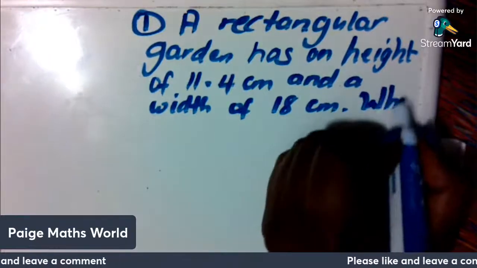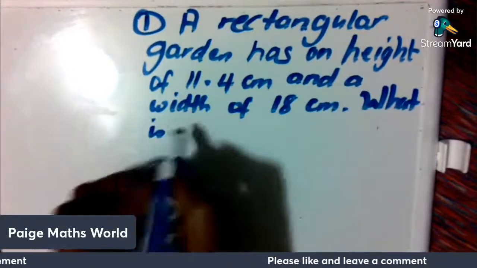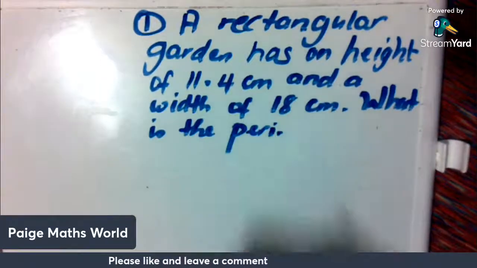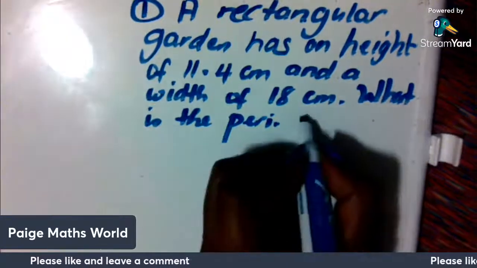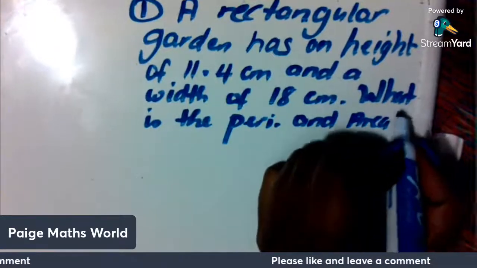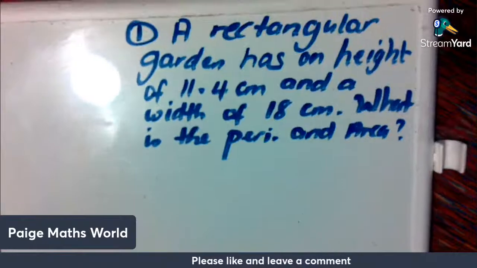What is the perimeter? I'm shortening it: perimeter and area. You think I wouldn't throw that in there, guys? So what is the perimeter and the area of this rectangle?